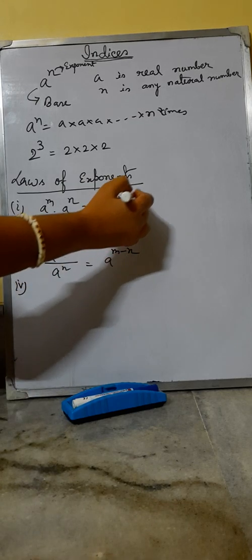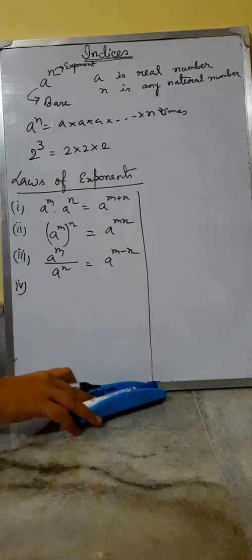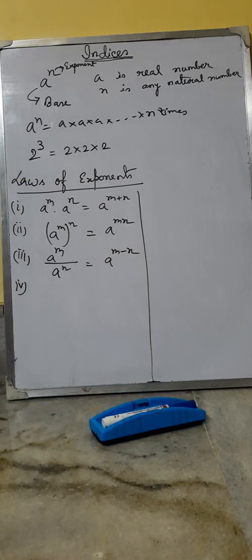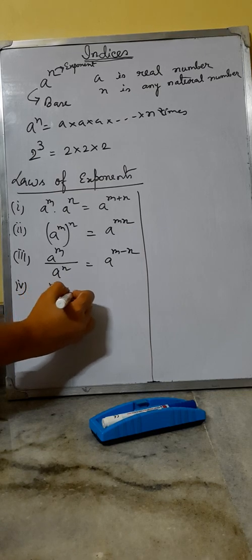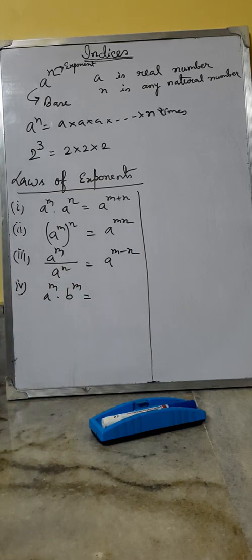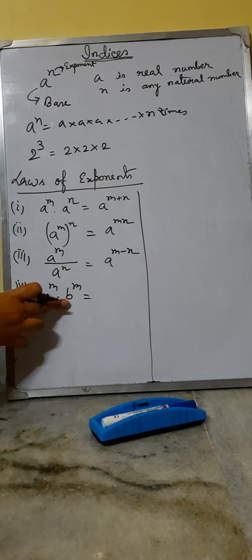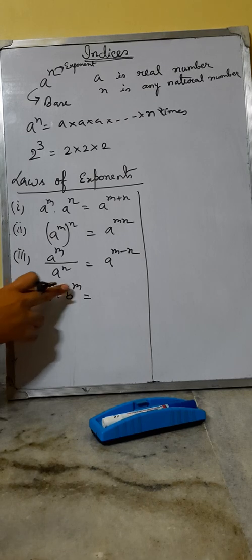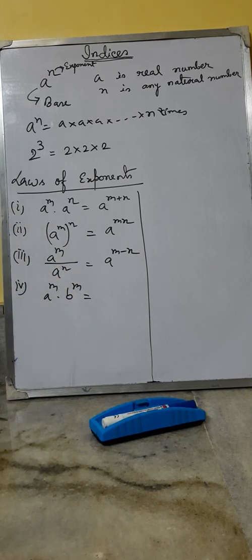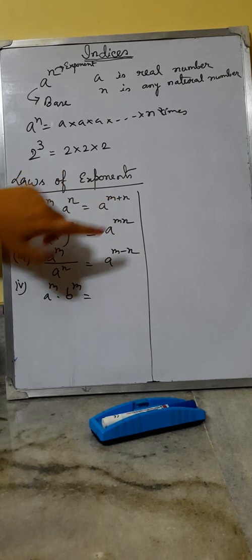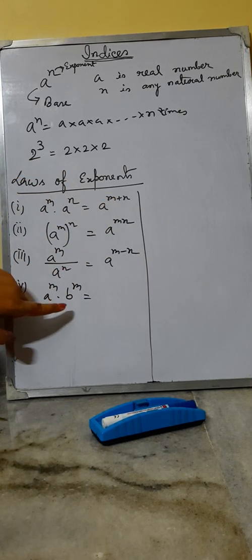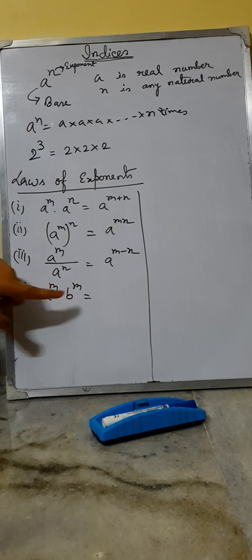Fourth law is, if a to the power m dot b to the power m. Now see, in the earlier case base is same, powers are different, power will be plus. But here base is different but power is same.